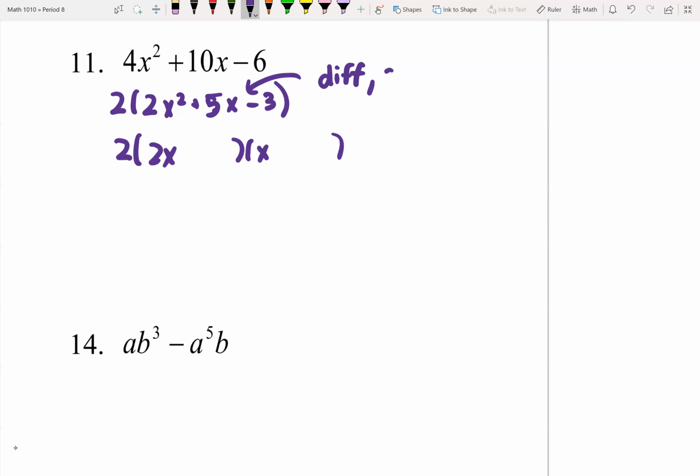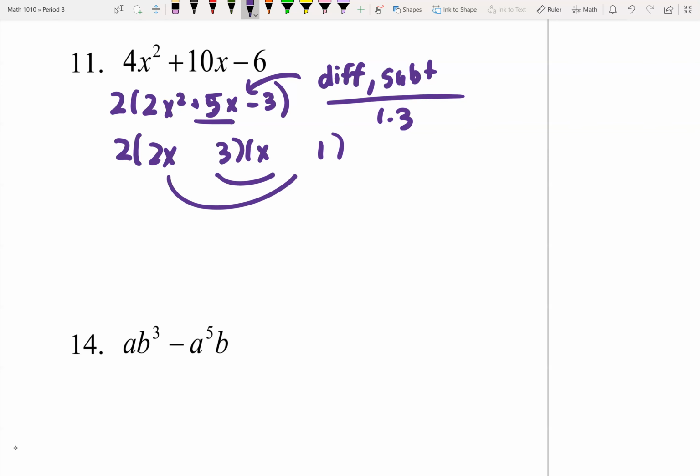So they're different, and I'm going to be subtracting the numbers, okay? So the things that give me 3 are 1 and 3, and I'm subtracting, and I'm trying to get a positive 5, okay? So if it was like this, 1 and 3, that gives me 2 and 3. Some people think add to 5. No, we're not adding, we're subtracting.